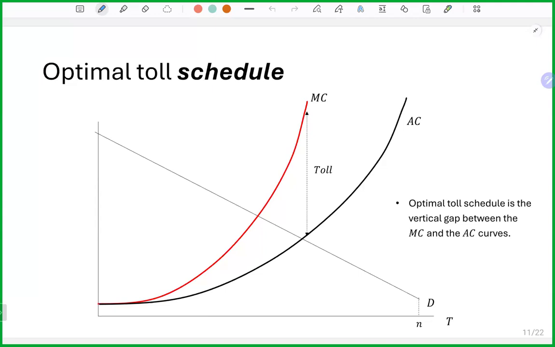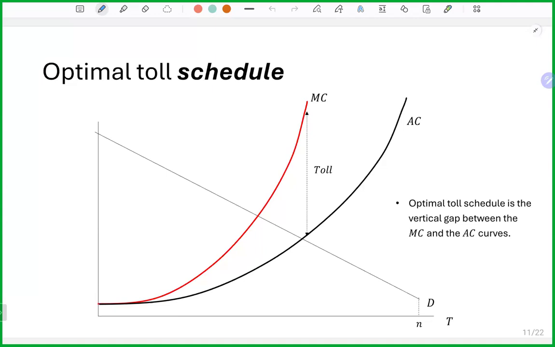Yeah. So then my question is, what is the total revenue? What do you mean by revenue? Revenue. The total dollar amount that is collected by the government. The government will collect this total revenue by this rectangle.